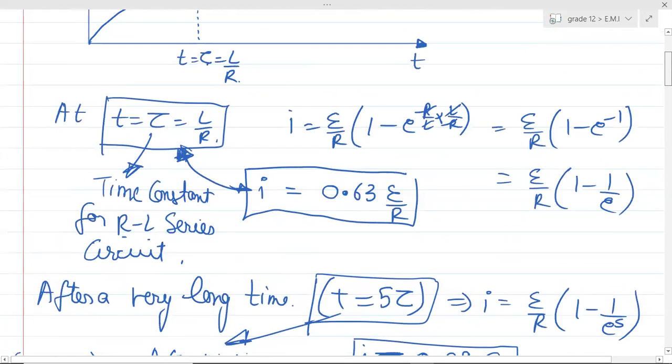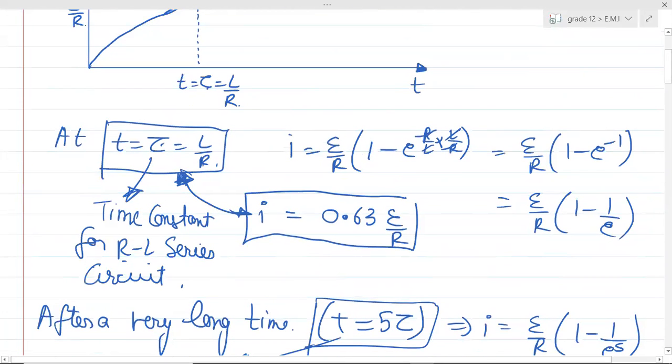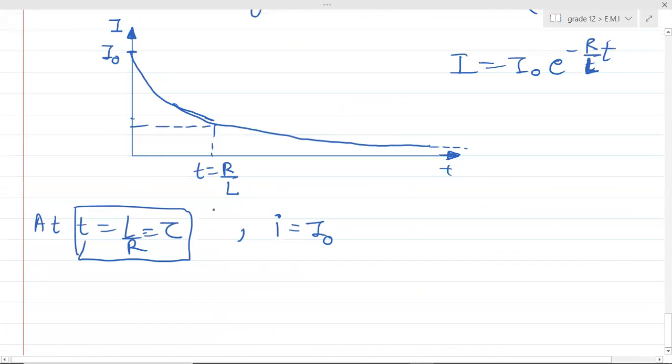Okay, sir. L by R, time constant L by R, right? So I will be I naught into 1 minus 1 upon e. We'll put L by R over here. L will cancel with L, R will cancel with R, e to the power minus 1, which can be written as 1 by e.